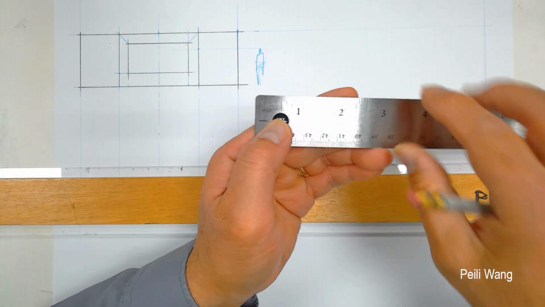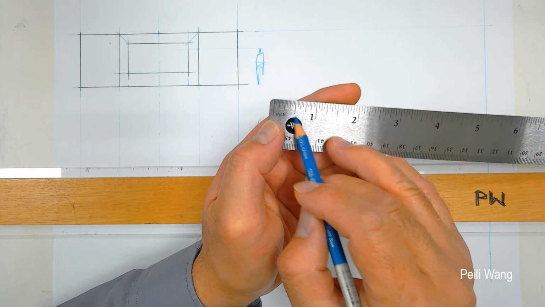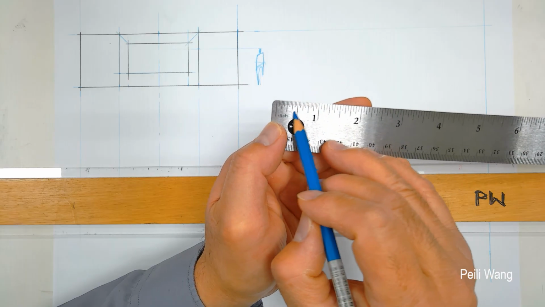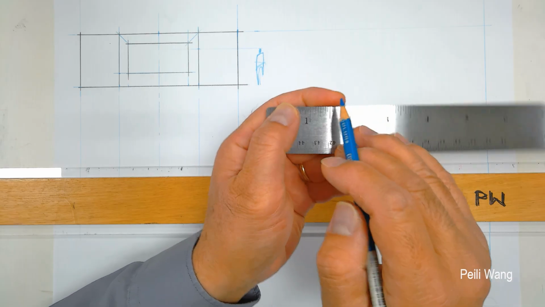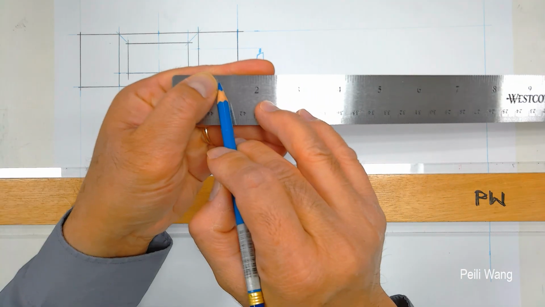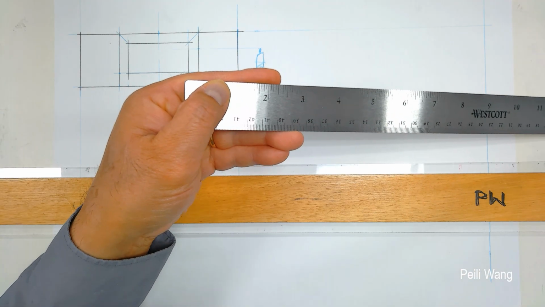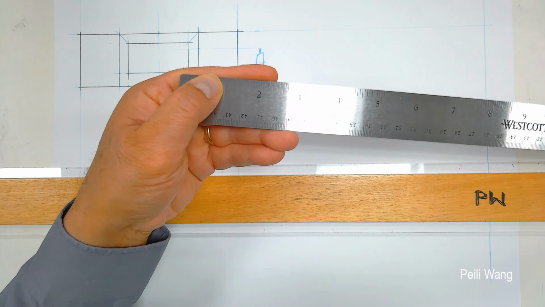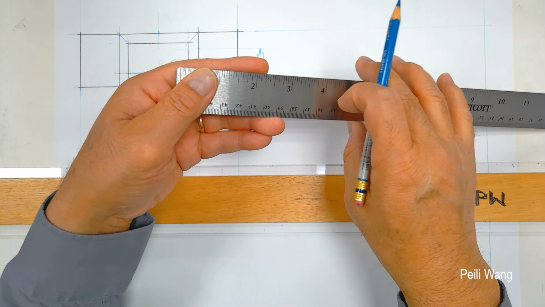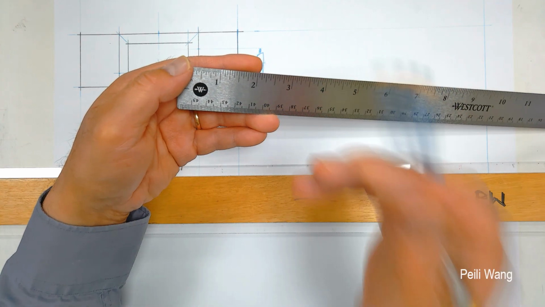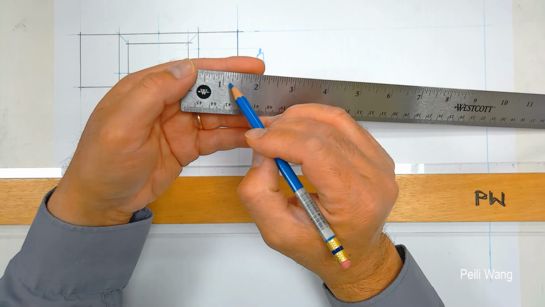Let me see. So here is divided by 6 inch from number 1 here. Maybe from here. Oh, here's that.